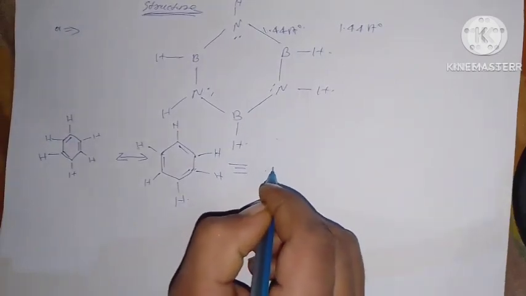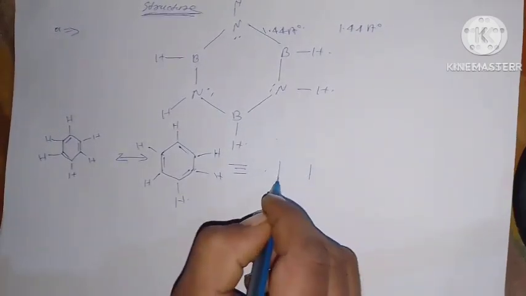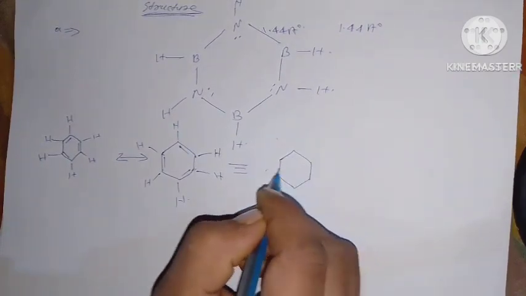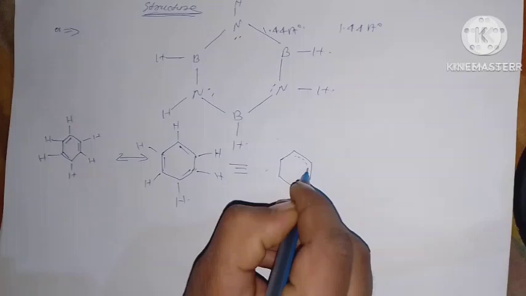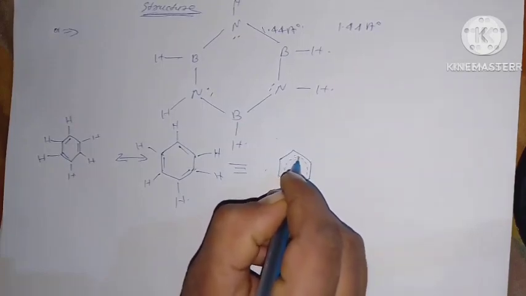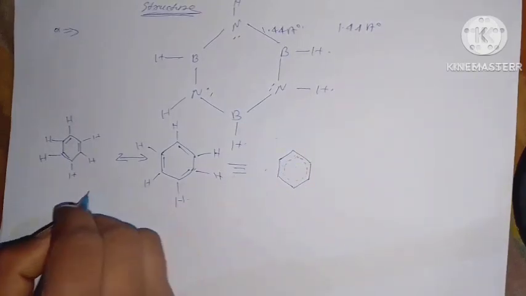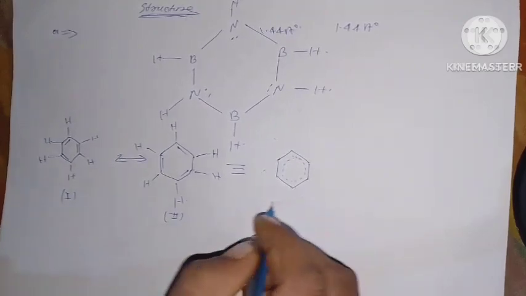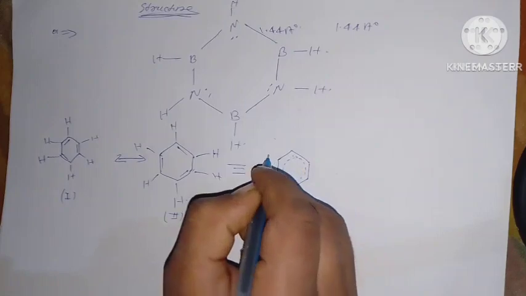After some time, the double bonds shift, 1, 2, 3, 4, 5, 6. Okay? This is the resonating condition of benzene. First, second. Okay? Resonating condition.